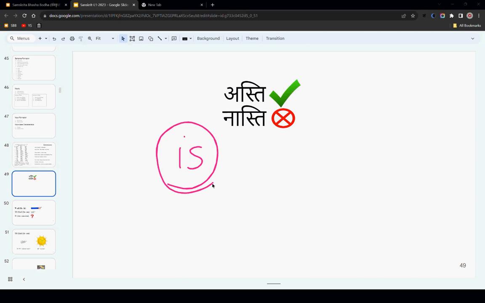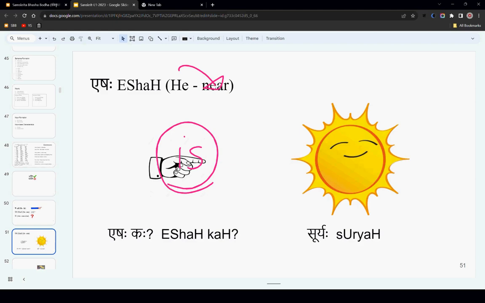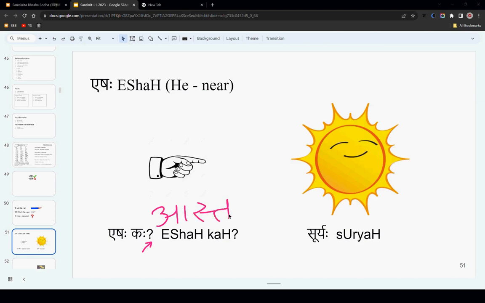So when we want to use is as a verb, we can add asti. So in this example, eshah kaha, here you can add asti. Eshah kaha asti.